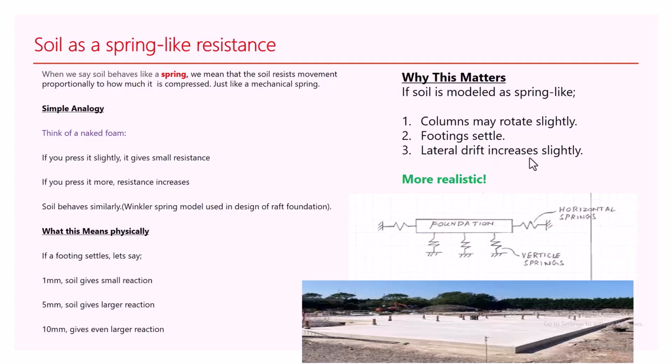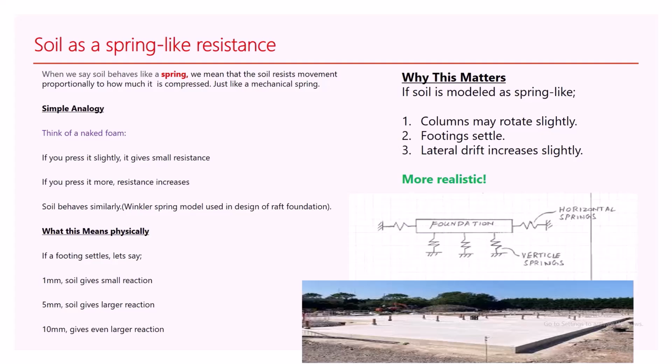So what we're trying to say is that this spring-like behavior gives the type of support, which is the pinned support, because the soil deformed. Because of this deformation, it will behave like a pinned support.